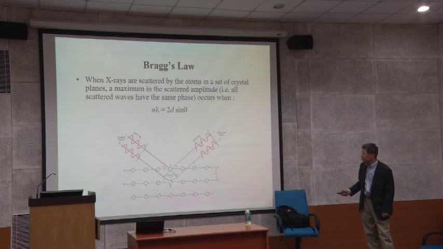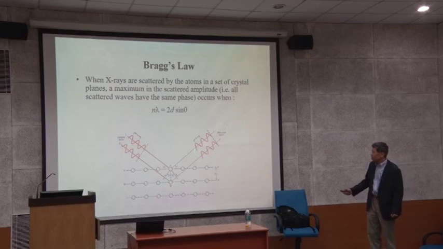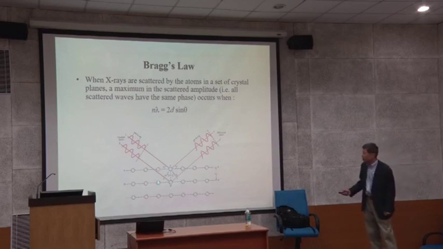So depending on the length of this path, it can be constructive or destructive. If this travel length is exactly one wavelength, then you get constructive interference. But if it's not, you get an off-center phase shift, and then you get destructive interference. That means you have a very sharp intensity peak when this condition is met.